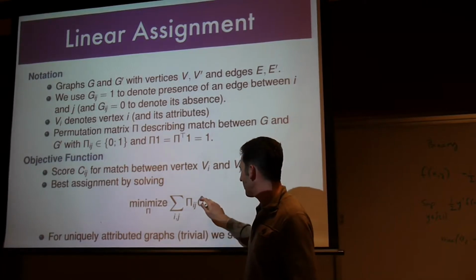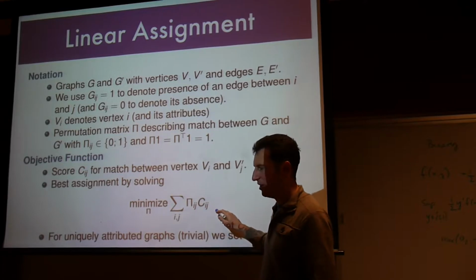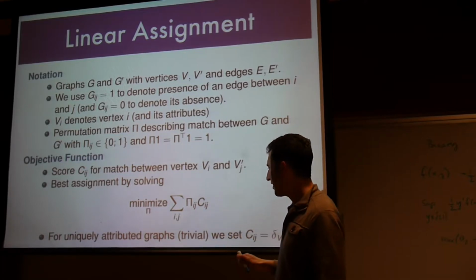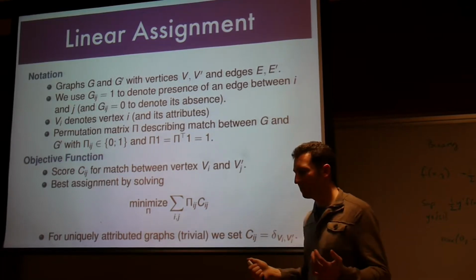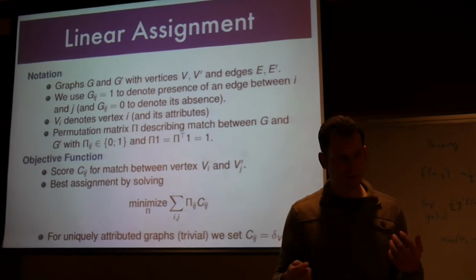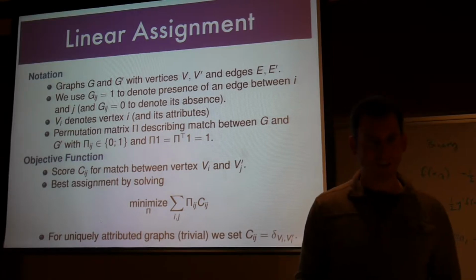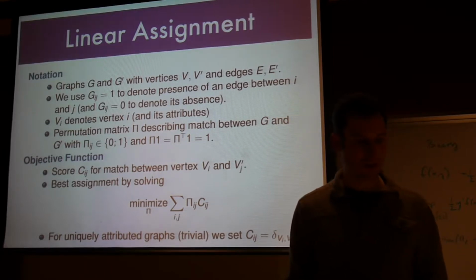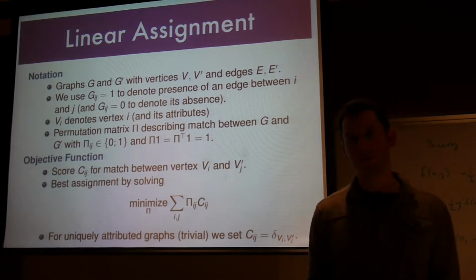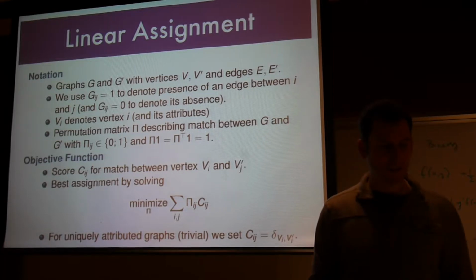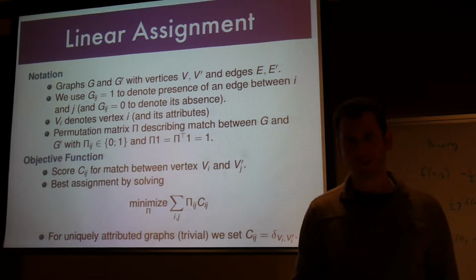So then I would like to have some compatibility function Cij, and Cij is large in this case if i is very dissimilar to j, and small if it's similar, but I could also set it up the other way around. Now, if I have attributed graphs, then graph matching is trivial, right?